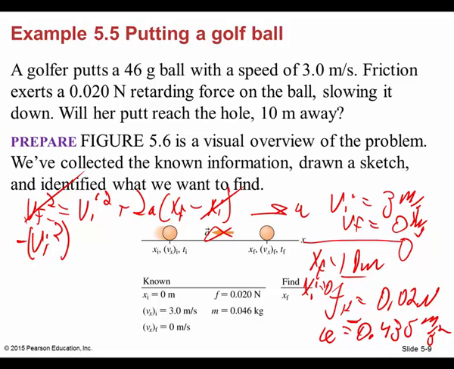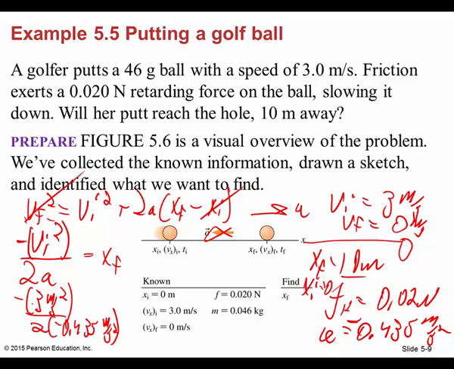And then we're going to divide by 2a, right? And it's going to be equal to x final. Okay, so let's plug everything in. V initial squared, and that's negative 3 meters per second squared, over 2 times negative 0.435.